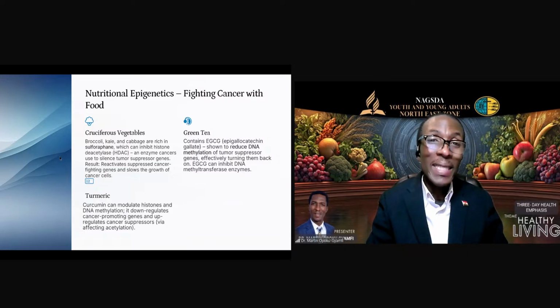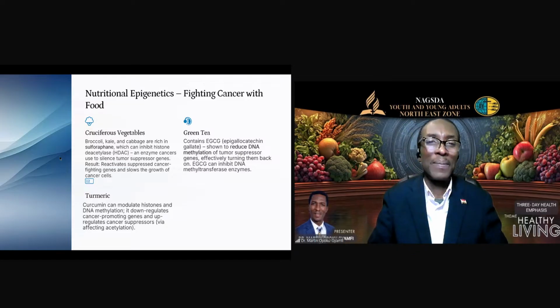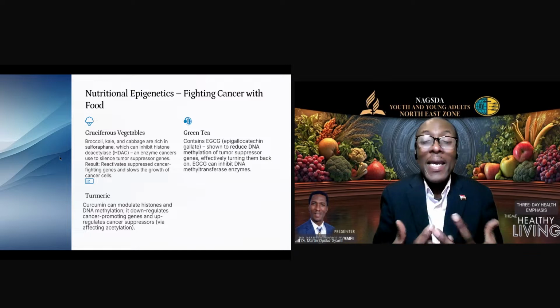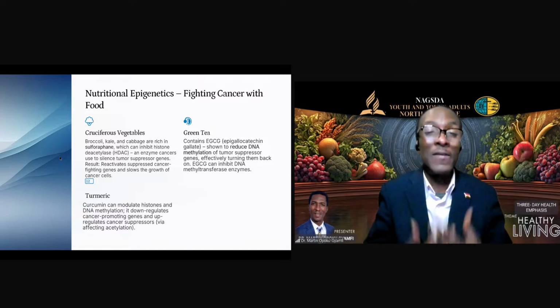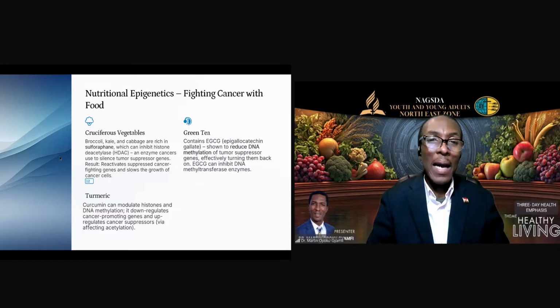The research has shown that these can inhibit histone deacetylase, the HDAC, an enzyme that cancers use to silence the tumor suppressor genes. Broccoli can inhibit that enzyme. And so what is the result? The result is that if you eat a lot of cruciferous vegetables, you will reactivate your tumor suppressor genes.